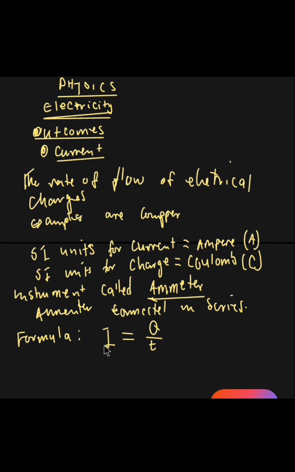So I is current. I represents current or flow of current. Q is charge. Then small letter t is the time taken.